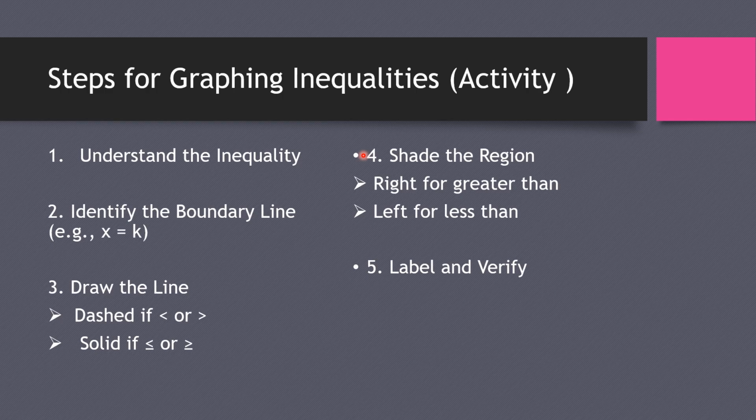Number 4, after drawing our boundary line in dashed or solid form, what we have to identify is the region to shade. So we shade right for greater than, and we shade left for less than. And number 5 is, after your shading, you have to label and verify that all the points in the part that you shaded satisfy the inequality.